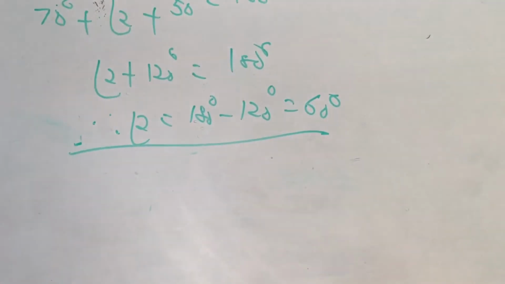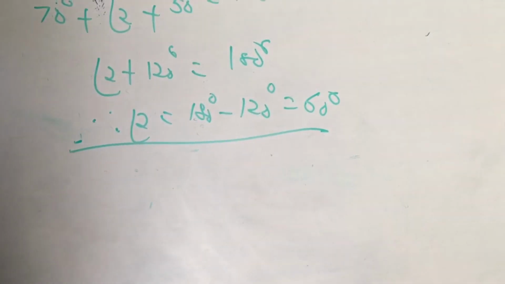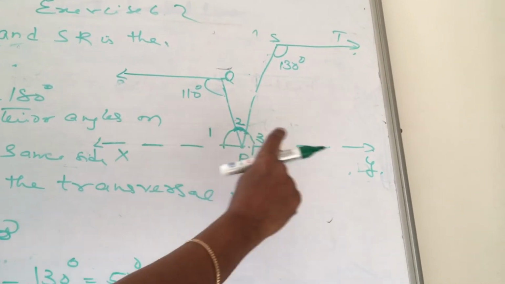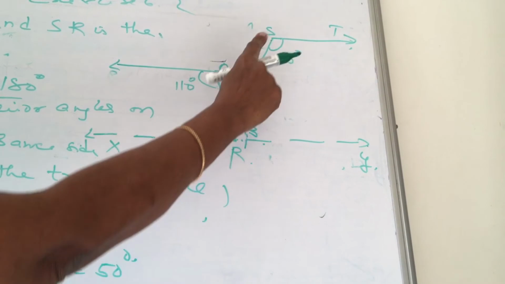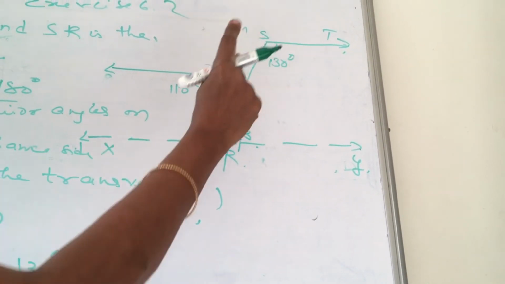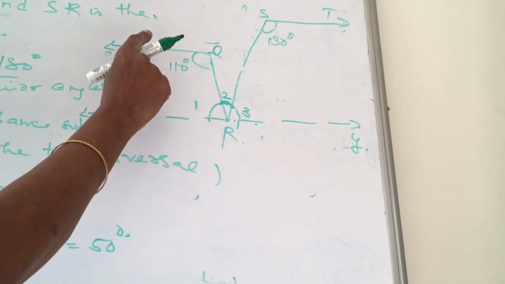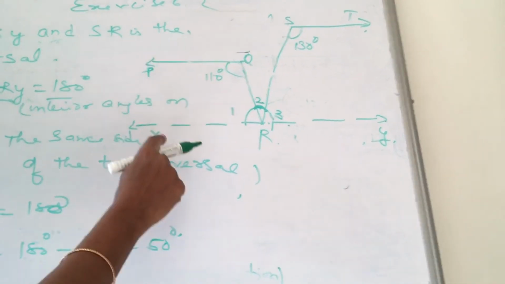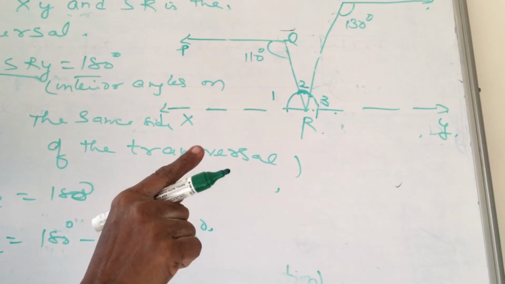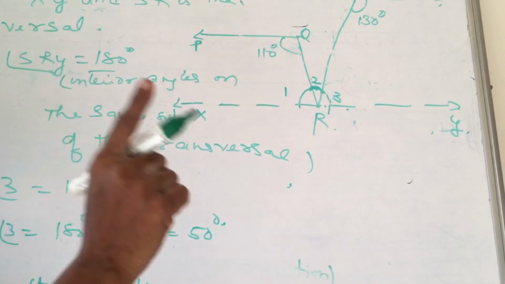Hope you understood. PQ parallel to ST given, construction: through R, we have drawn XY parallel to ST. If PQ is parallel to ST and ST is parallel to XY, PQ is also parallel to XY. Lines which are parallel to the same line are parallel to each other.